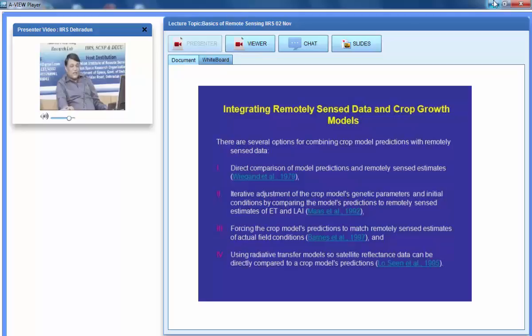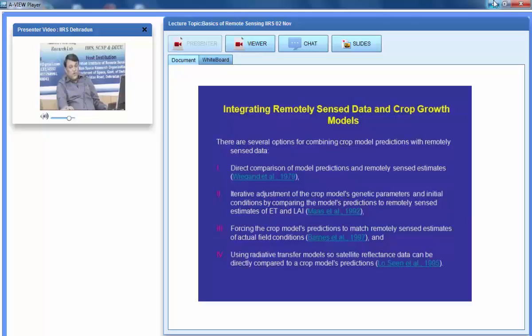And then another radiative transfer model, that means a canopy reflectance model, is also used as a link between the crop model and the remote sensing. With remote sensing, you can get satellite reflectance, and the crop model simulates LAI, which is again input to the radiative transfer model for simulating reflectance. The radiative transfer model simulates reflectance as a function of leaf optical properties, leaf area index and other things.